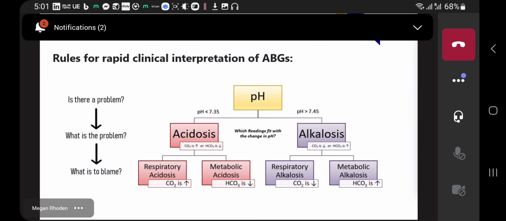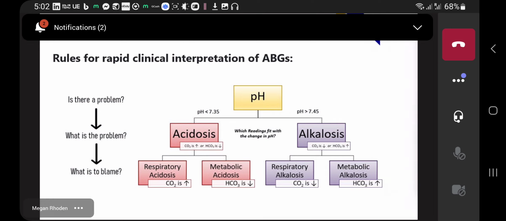So let's talk about interpreting ABGs. Just a quick, rapid review of the rules for rapid clinical interpretation of ABGs. There are lots of resources online, guys, to help you better understand ABGs, but for the purpose of NCLEX, you should just focus on recognizing the values. We have to ask ourselves: is there a problem?